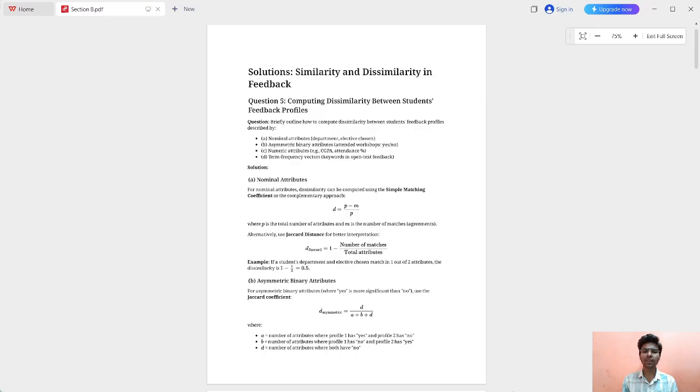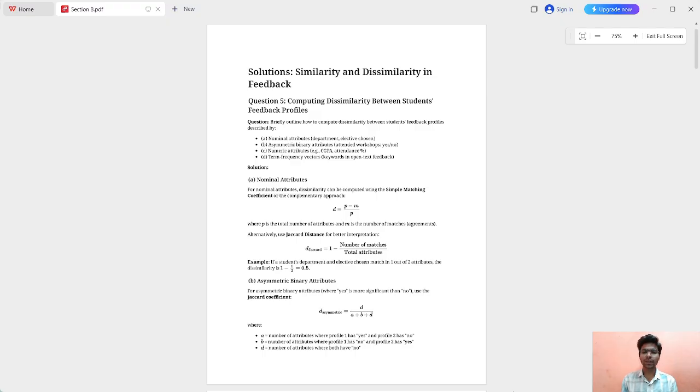Alternatively, use Jaccard distance for better interpretation, equals 1 minus number of matches upon total attributes. If a student's department and elective chosen match in one out of two attributes, the dissimilarity is 1 minus 1 upon 2 equals 0.5.